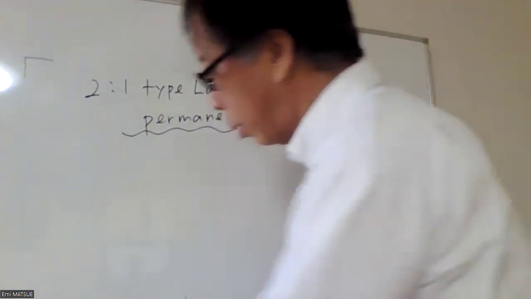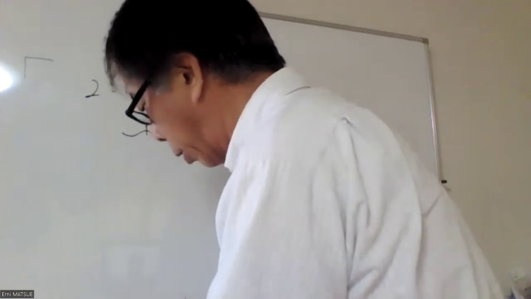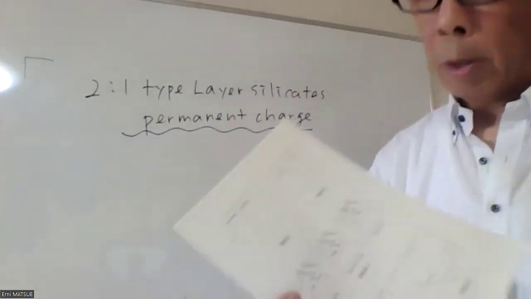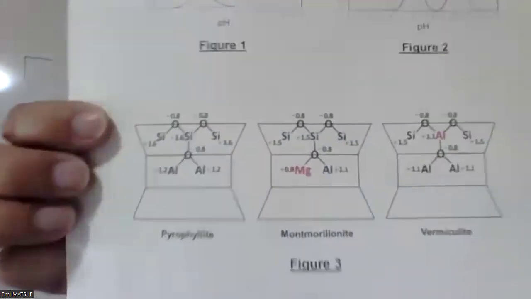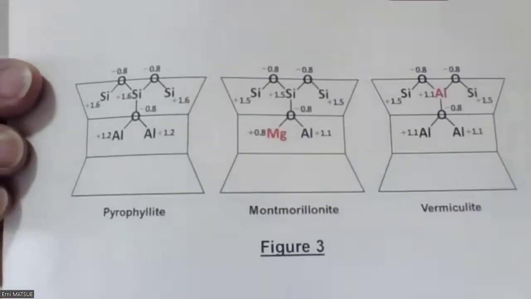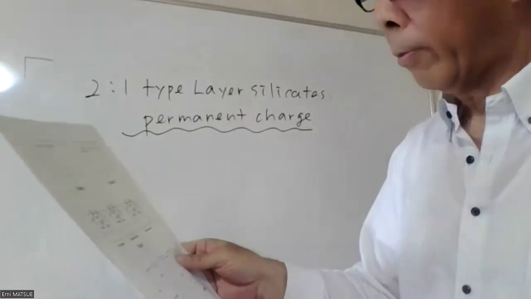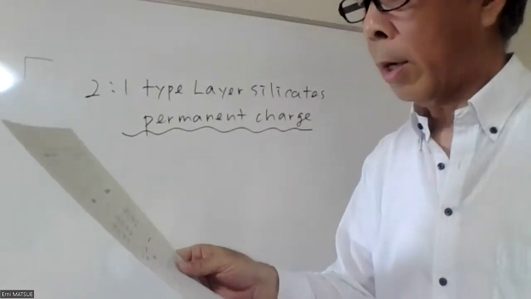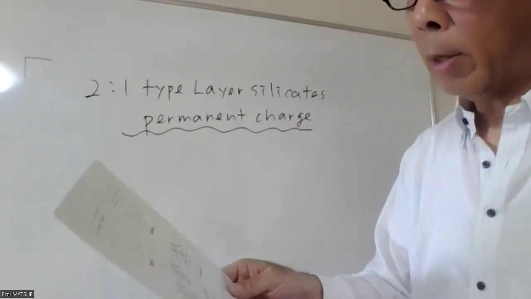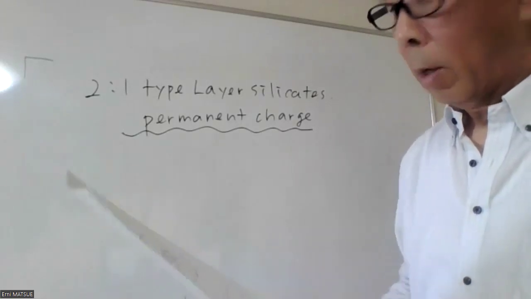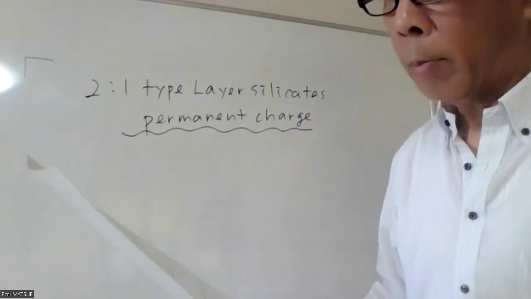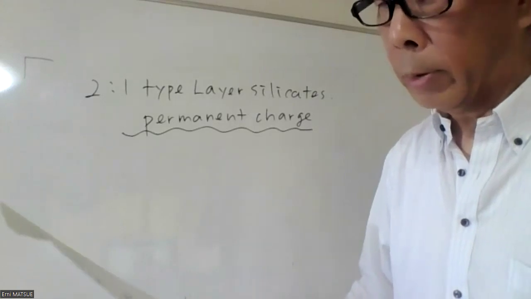Okay, can you look at figure 3? This is the calculation result by quantum chemistry for pyrophyllite, montmorillonite, and vermiculite.